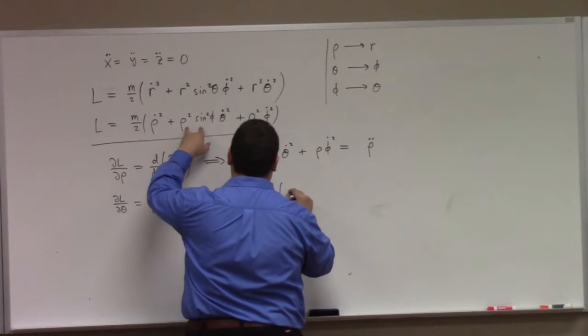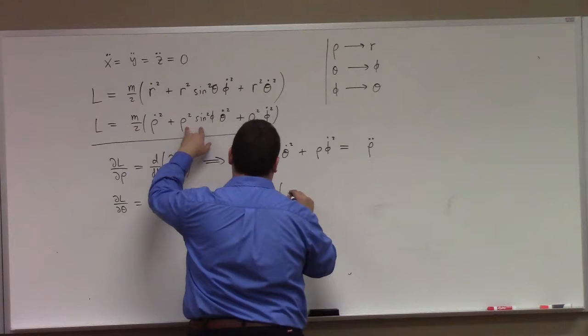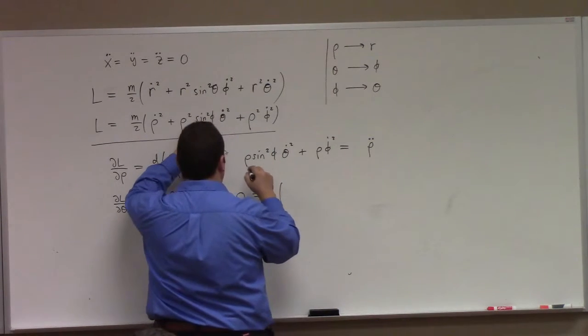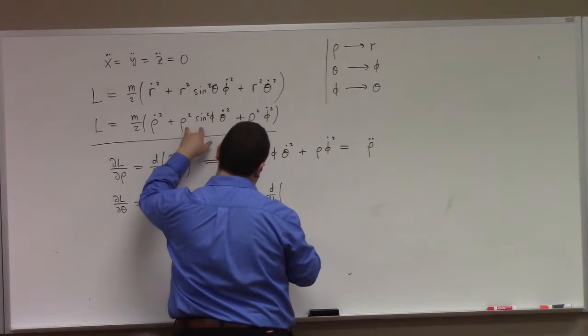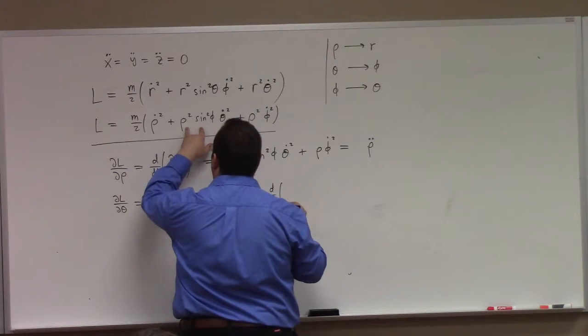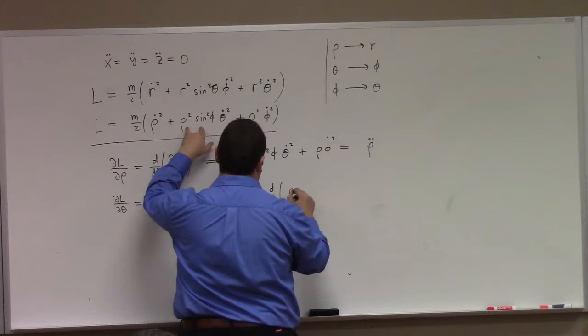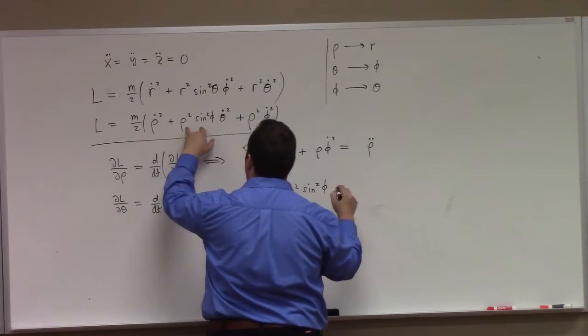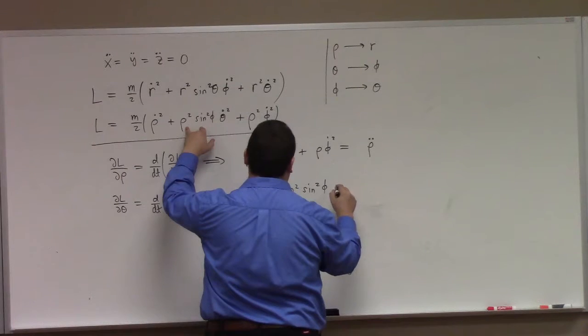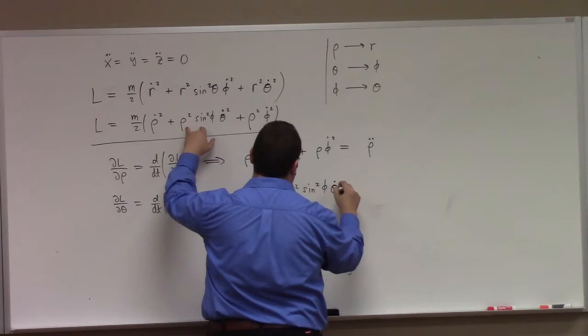Oh, should I put my m in? Should I put the m's back up here? I don't know. I gotta make a choice, don't I? Choices are hard. Rho squared sine squared phi. I'm going to cancel the 2 and the m over 2. And that's just going to be theta double dot. No, theta dot, right? Yeah.